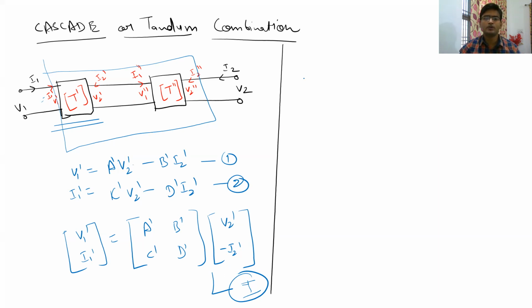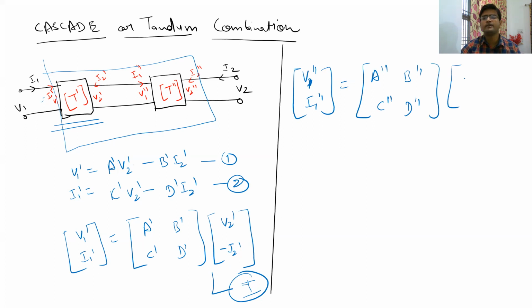Similarly, for the second two-port network also, you can write V1'' and I1'' equal to A'', B'', C'', and D'' multiplied with V2'' and minus I2''. Now, if you see this circuit, you can say that V1 is nothing but equal to V1' and I1 is nothing but equal to I1'.